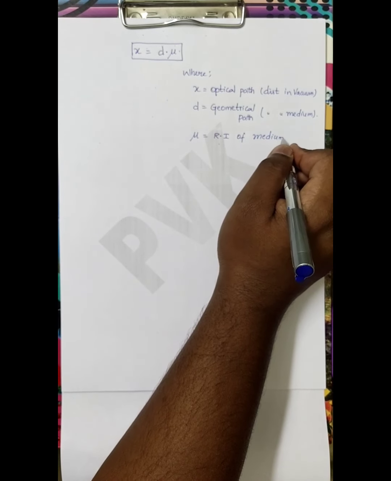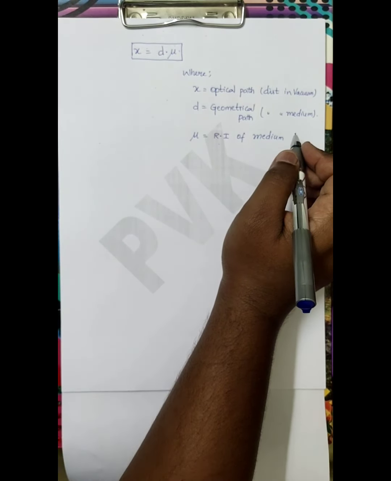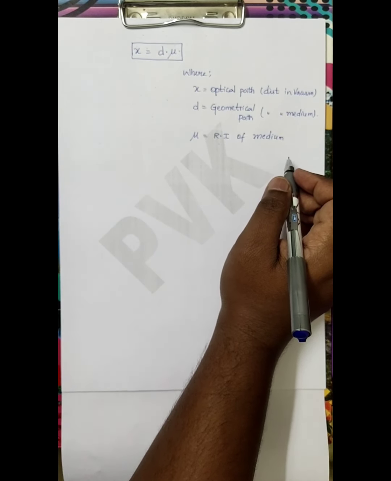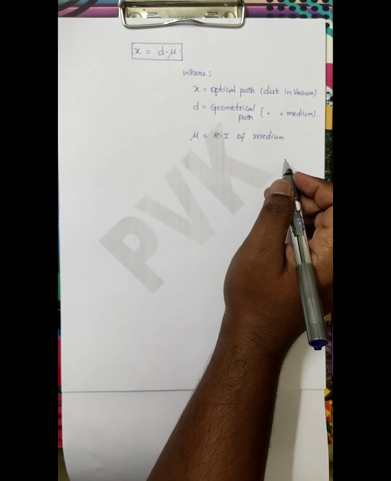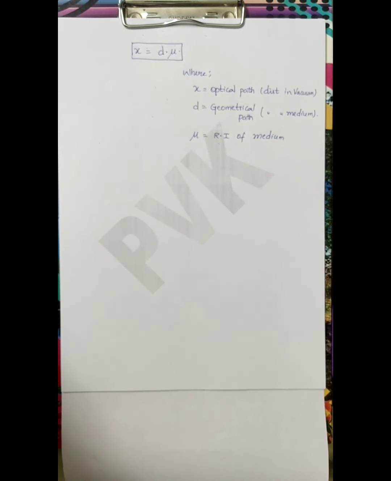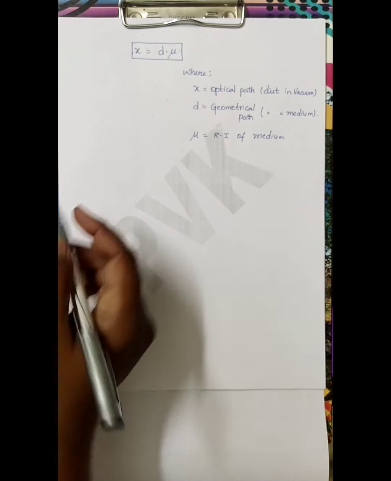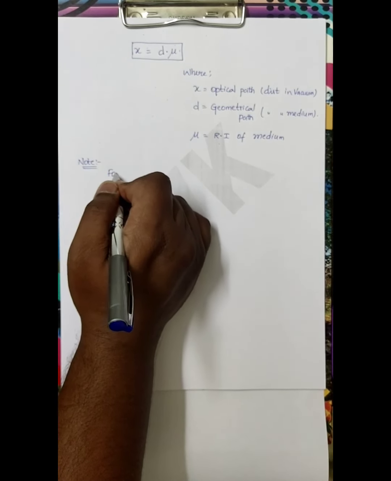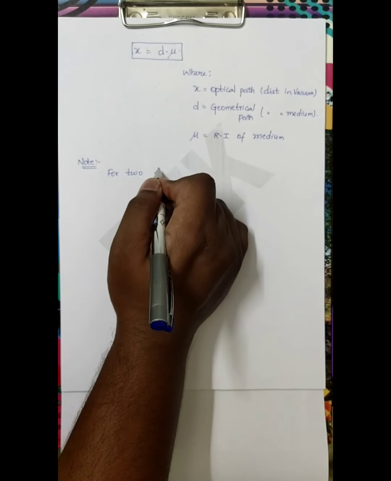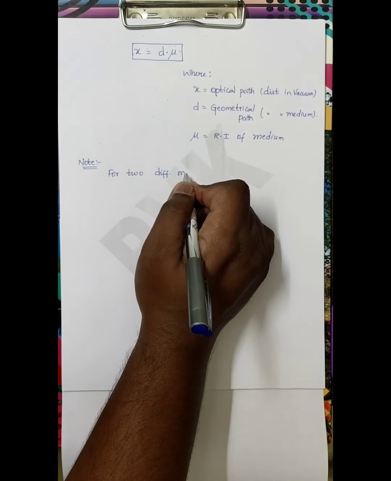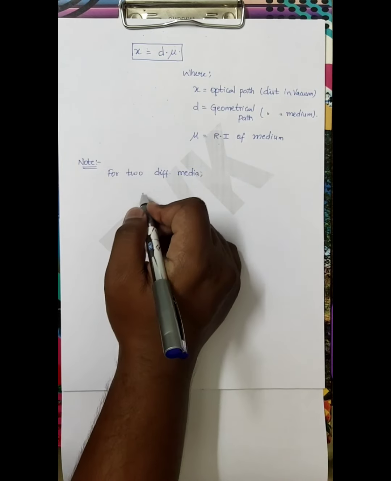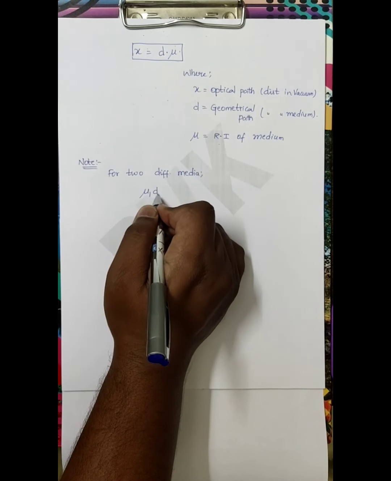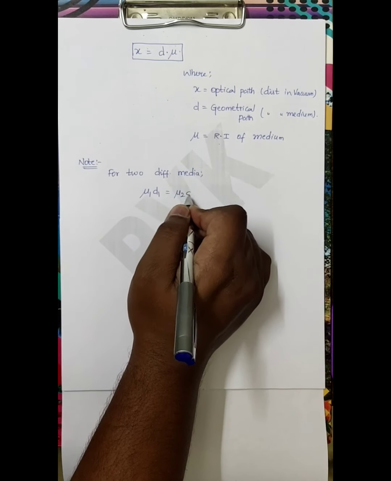So like this we can calculate the optical path in the easiest way, and there are some more things you can identify. If there are two different media and you are about to calculate the optical path for which both are the same, then for two different media the optical path relation is given by mu1 d1 is equal to mu2 d2.